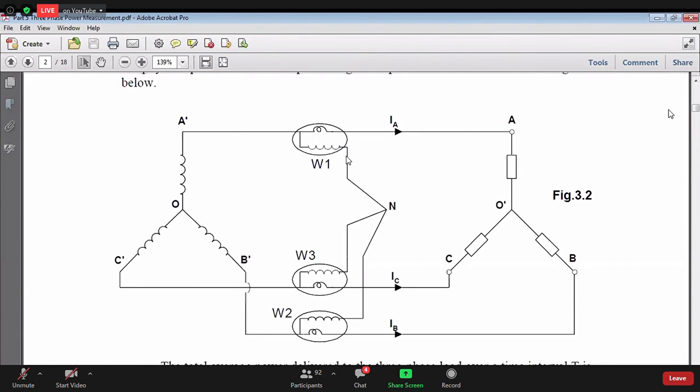You mean the wattmeter's current coil resistance? Potential coil resistance doesn't matter, only the current coil resistance. But please remember that the current coil is like an ammeter, and what is the resistance of an ammeter? For an ideal ammeter, it will be 0. It is not practically 0, but very close to 0. So this wattmeter, if you look physically, will be very close to the load, on the right-hand side, not the left-hand side. So it will always be AN, not A dash N.